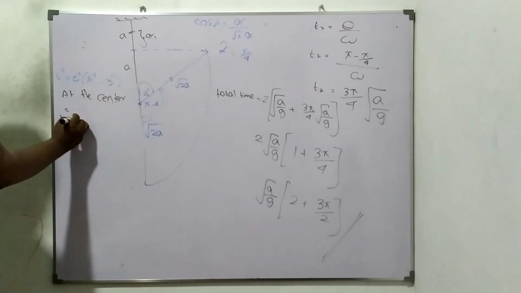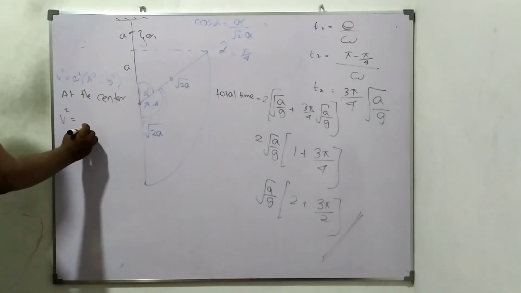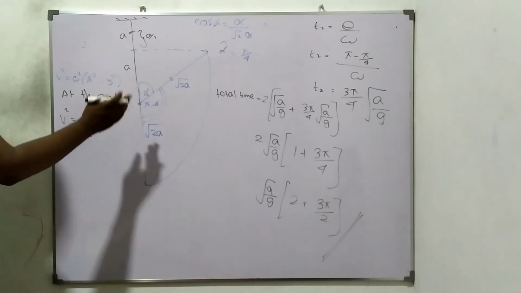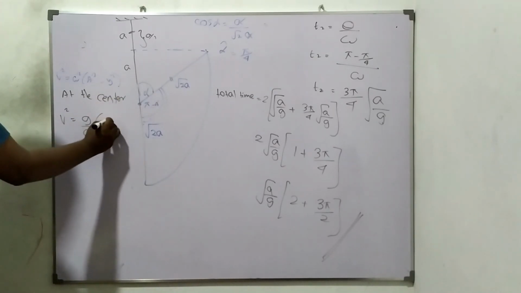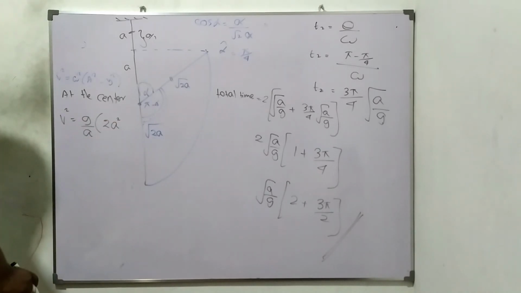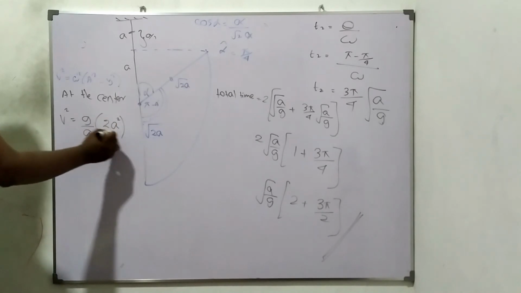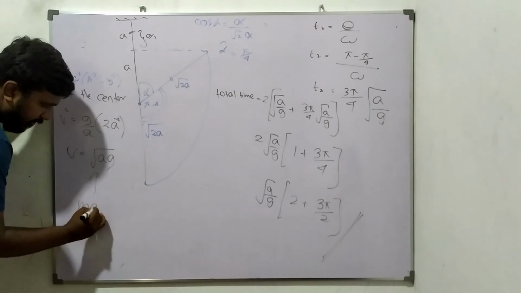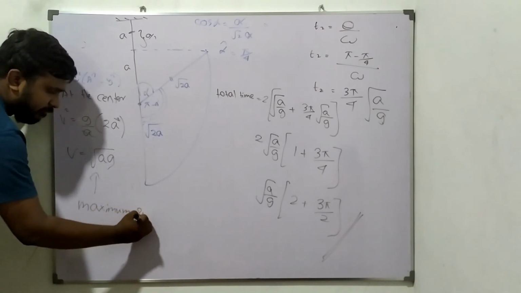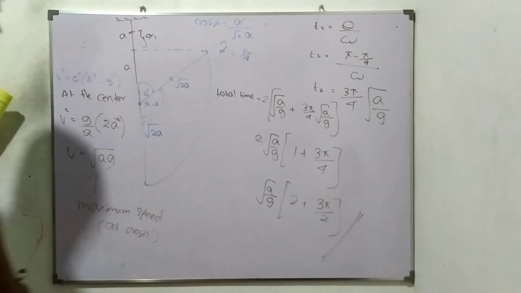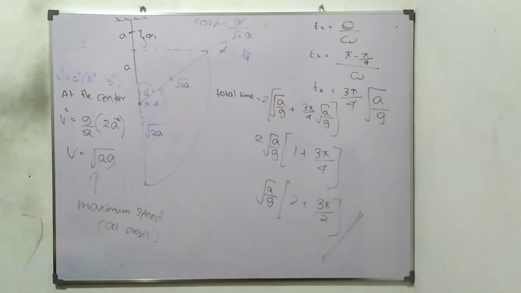At the center, v squared equals omega squared, which is g over a, times the amplitude squared, root 2 a squared, which is 2a squared. This is the maximum speed at the origin.